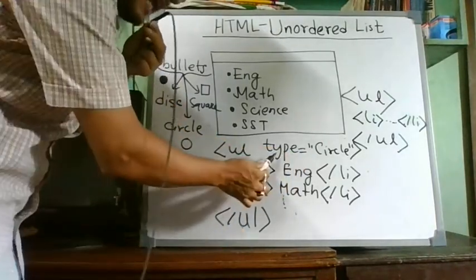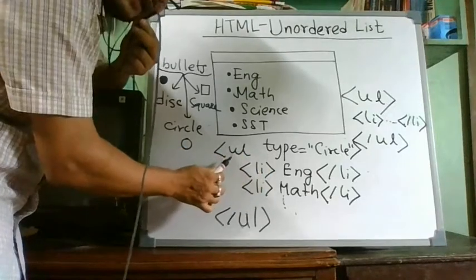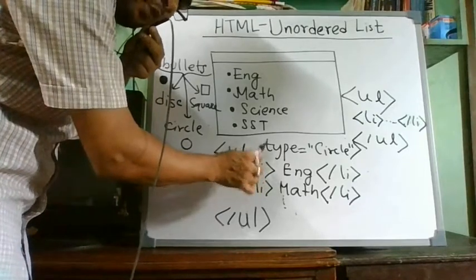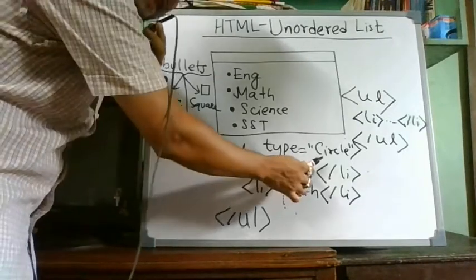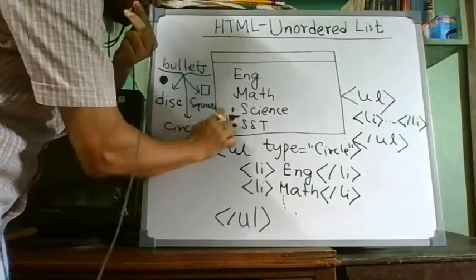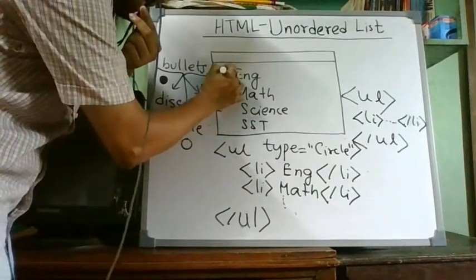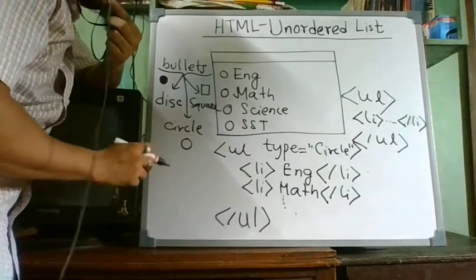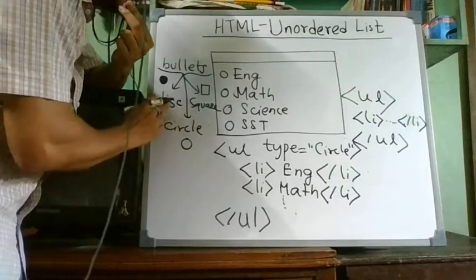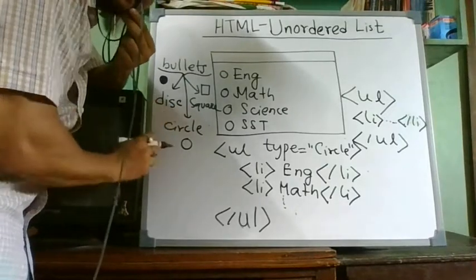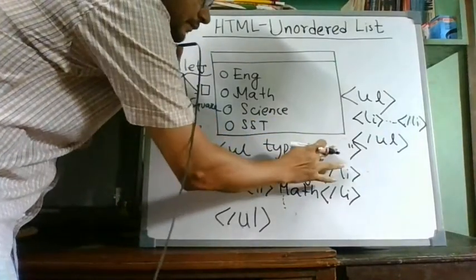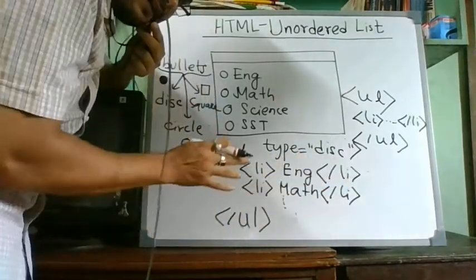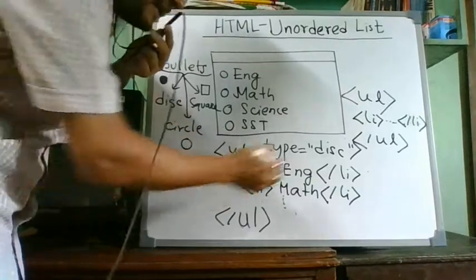So type is an attribute of the UL tag that helps to mention which type of bullet you want to add. Here we have added circle, so the bullets will be changed and will look like this. If you want to use disk, then you can write disk here, but whatever bullet you want to write, you have to write within double quotes.